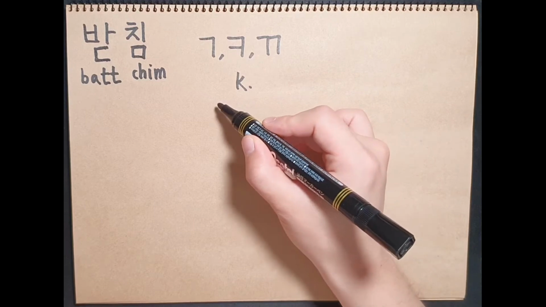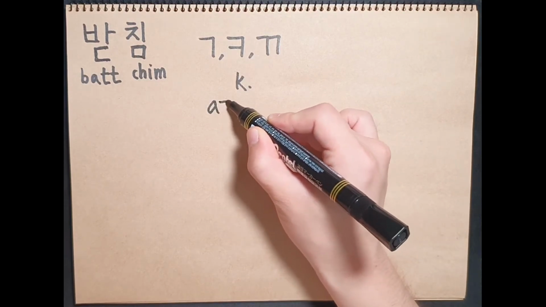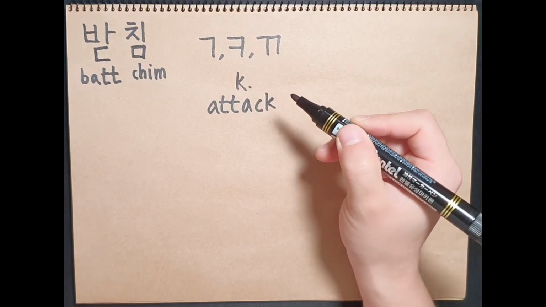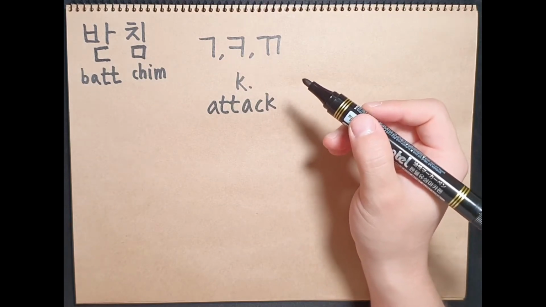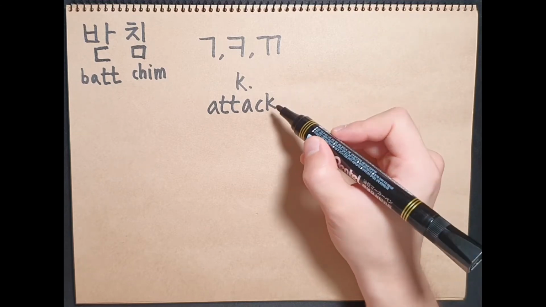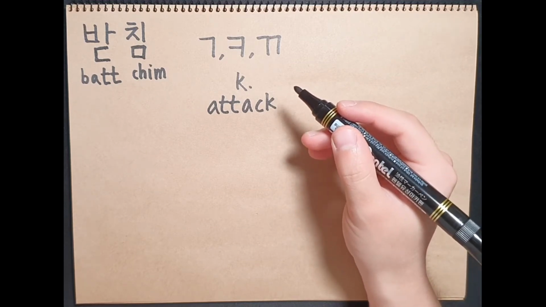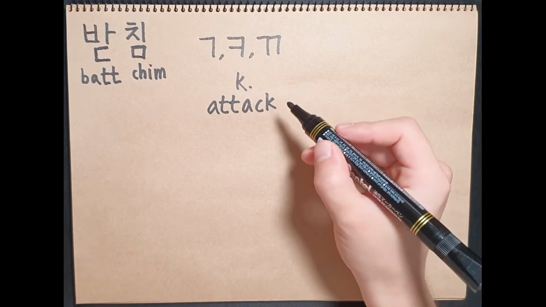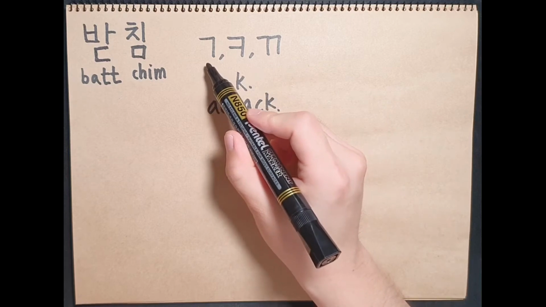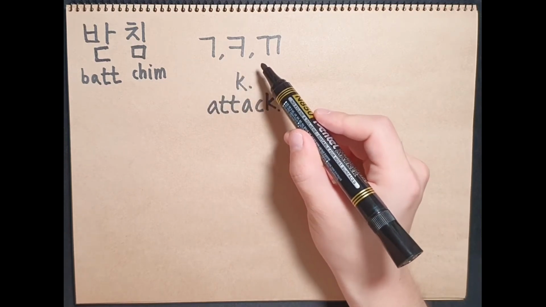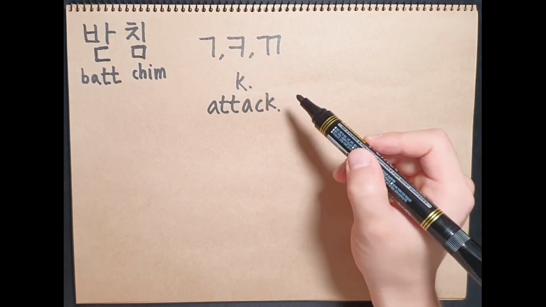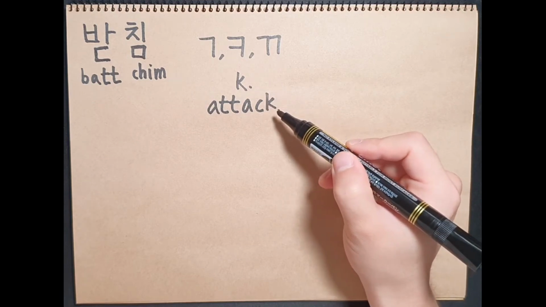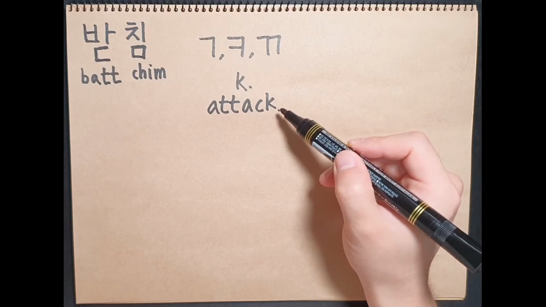For example, in the word attack, it has the ending sound and a little bit of a stopping sound of uk. So 기역 and 쌍기역 have the same stopping sound like K in English.